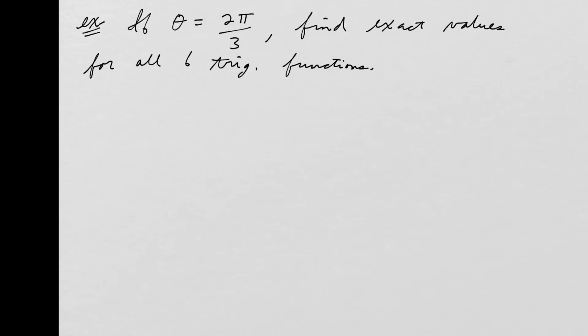So again, I would draw a little picture. Where's 2 pi over 3? Well, 3 pi over 3 would be 180 degrees. So that would be pi. So I guess 2 pi over 3 would be somewhere in the second quadrant, like this. And in fact, this angle would be 2 pi over 3. And then if I want the reference angle, that's going to be pi minus 2 pi over 3.